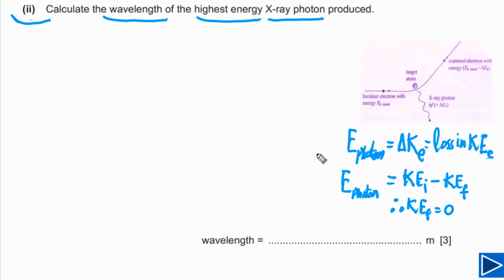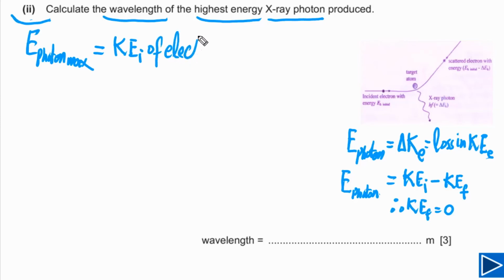In this case, the maximum energy of the photon is equal to the initial kinetic energy of the electron.